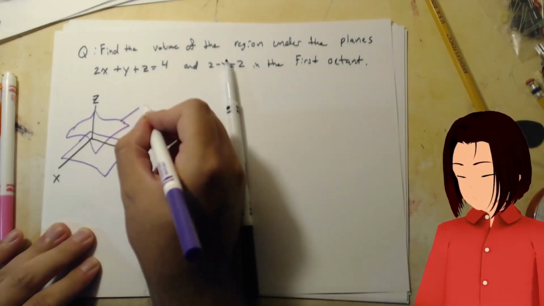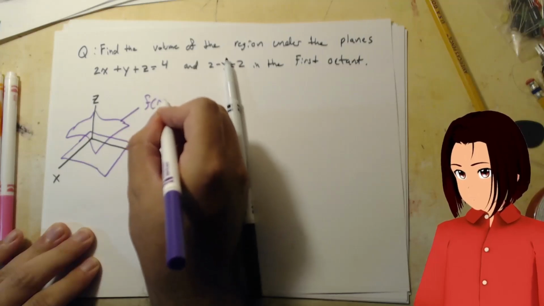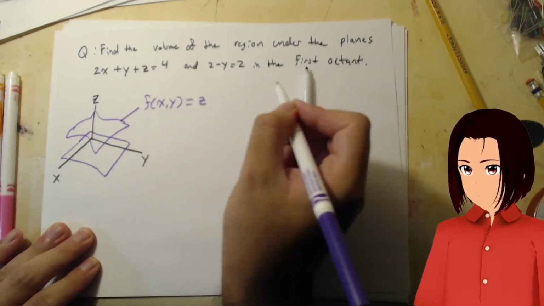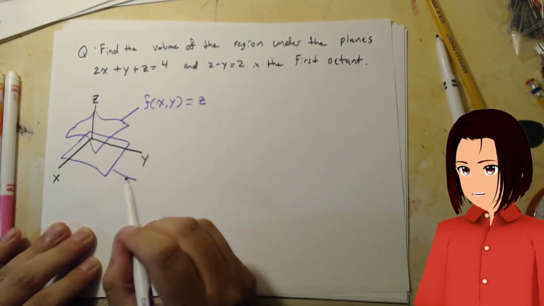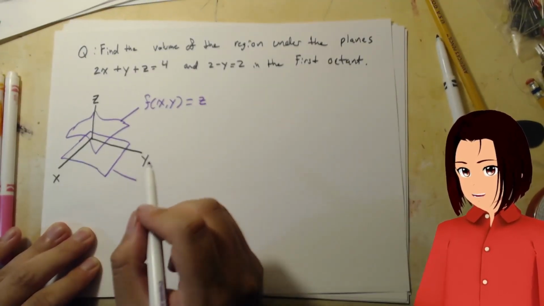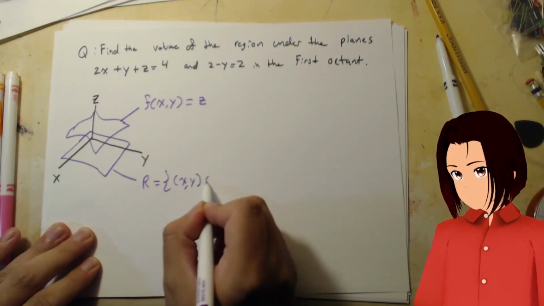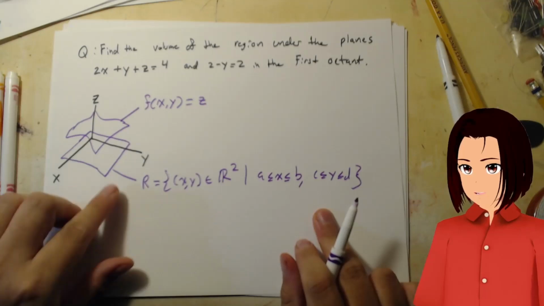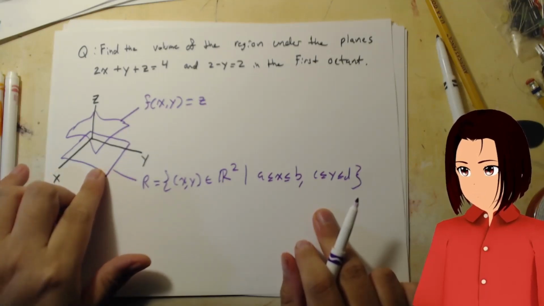Here is a function of x and y, and that's equal to z. And this right here is the space underneath the function. So this is the bounds of the space underneath.